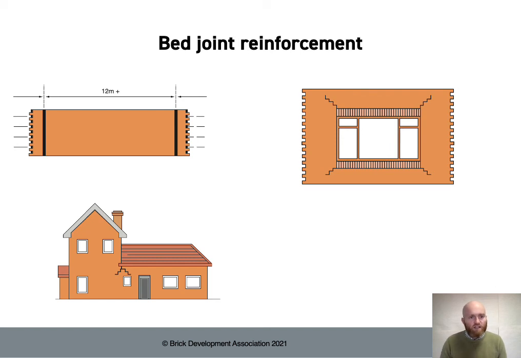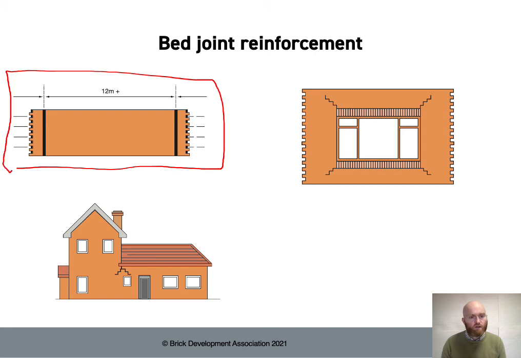And I think it is possible to extend the spacing of the movement joints from 12 meters with bed joint reinforcement, but it is quite a complex analysis and does need detailed consultation with a structural engineer, or preferably with the manufacturers of the bed joint reinforcement if you are going outside of the guidance to standards, just to make sure that you're not going to have any issues there.